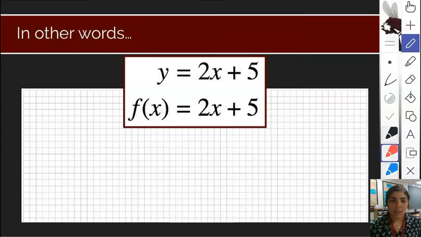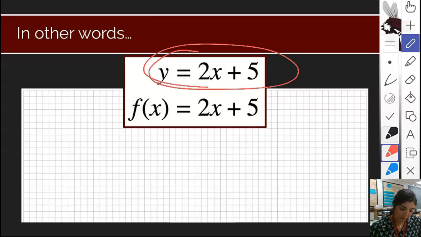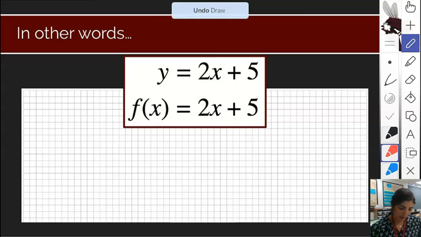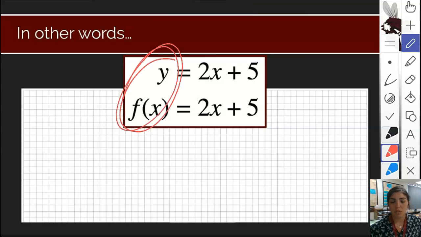So what I really mean here is we can have an equation written in the classic way, y equals 2x plus 5. Or we can write the same equation in function notation, call it f of x equals 2x plus 5. Same equation, I'm just using a different way to talk about it. Instead of using just y, I'm going to use f of x.